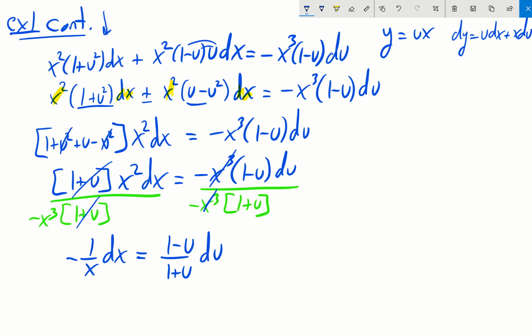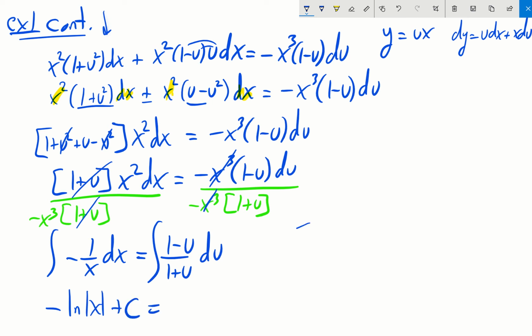And we have indeed ended up with a separable differential equation. To solve for u, we're going to integrate both sides. The antiderivative of negative 1 over x, we know that that's going to be the negative of the ln of the absolute value of x, and I'll put my plus c there.